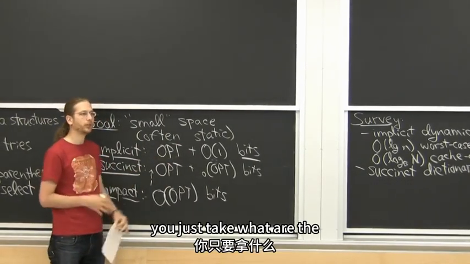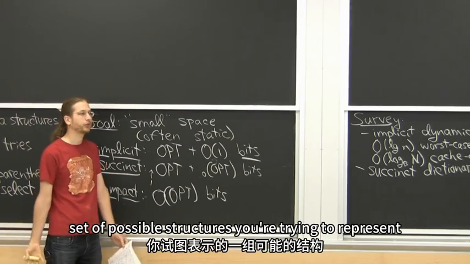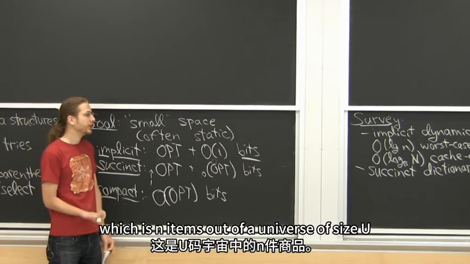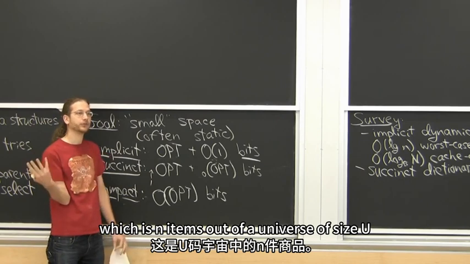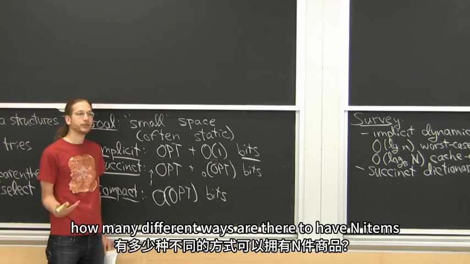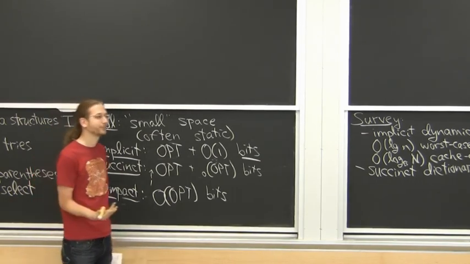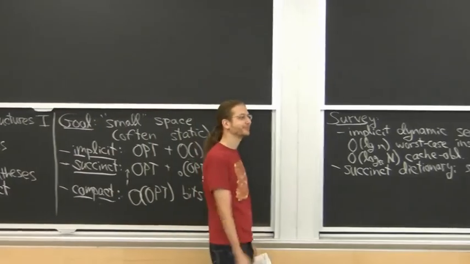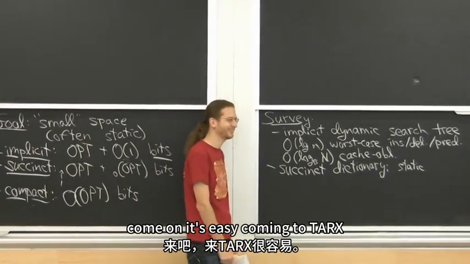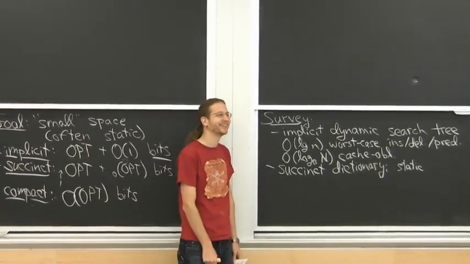You just take the set of possible structures you're trying to represent, which is n items out of a universe of size u. How many different ways are there to have n items in a universe of size u? Come on, it's easy combinatorics.